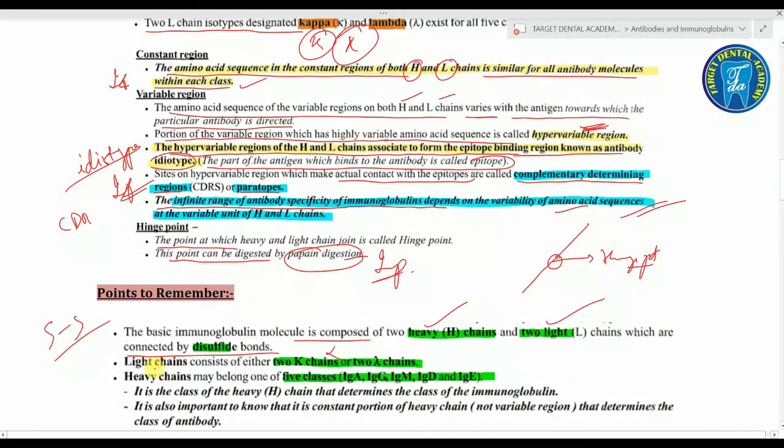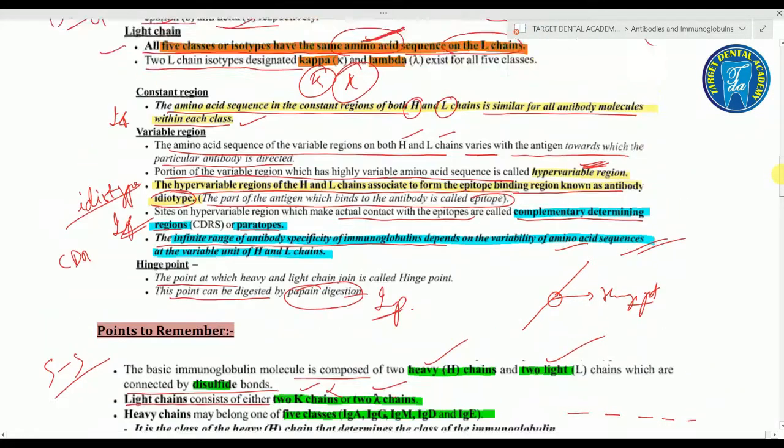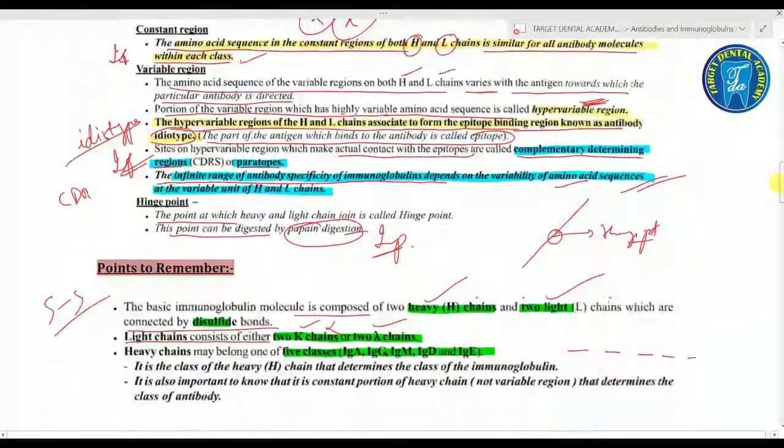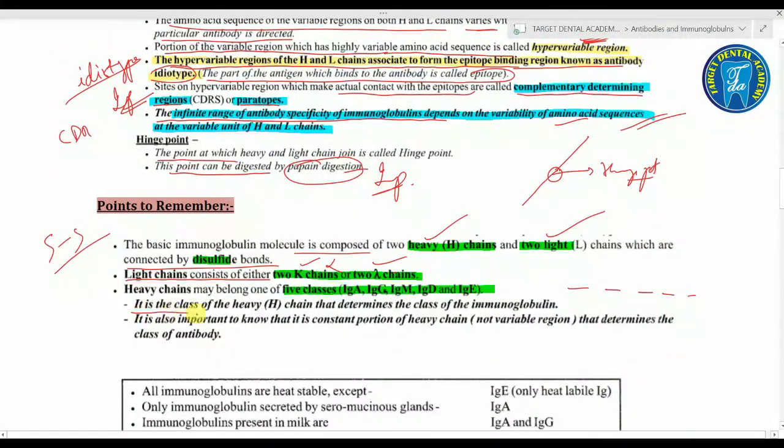The light chains consist of the 2 kappa chains and the 2 lambda chains, while the heavy chain belongs to the 5 classes A, G, M, D, E, which are known as alpha, gamma, mu, delta and epsilon. Fine. Now it is the class of the heavy chain that determines the class of the immunoglobulin.